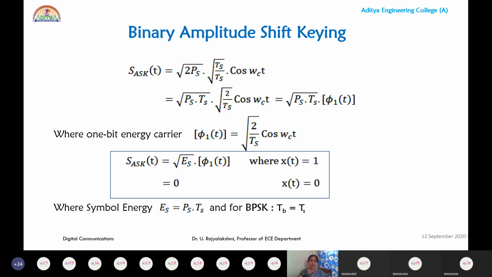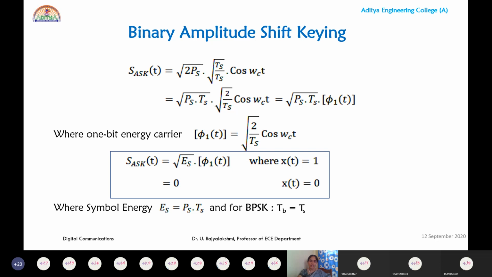Our intention is to represent the equation in terms of energy. Okay, that is root Es into root 2 by Ts cos omega ct, by rearranging such a way that dividing and multiplying with respect to root Ts, you can get the expression as root Ps Ts into root 2 by Ts into cos omega ct.